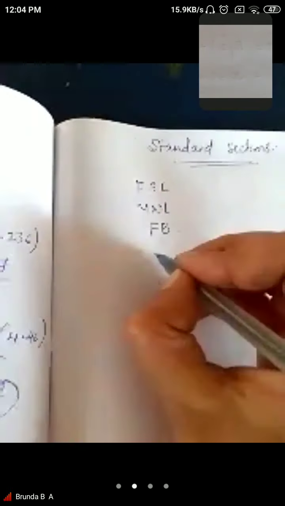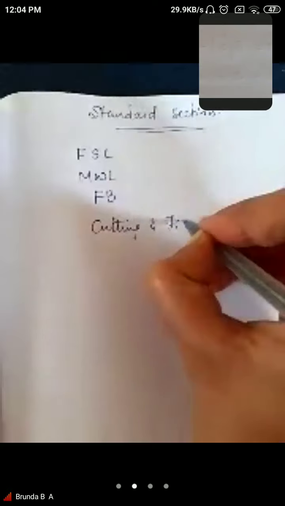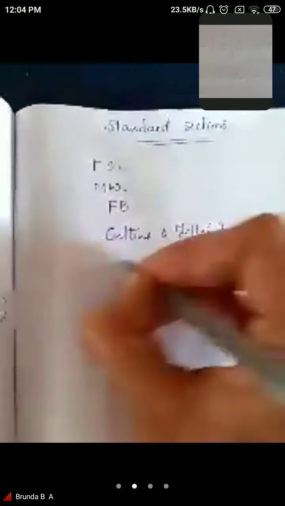Before that, while coming to the next class, study what is FSL, MWL, FB, okay, then cutting and filling. So in the next class, we will discuss the standard sections of the canal.